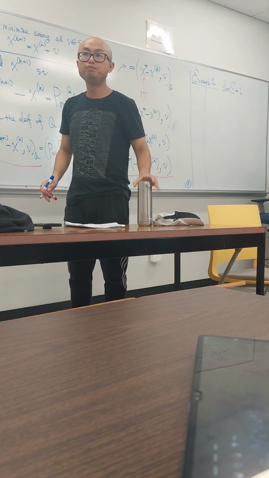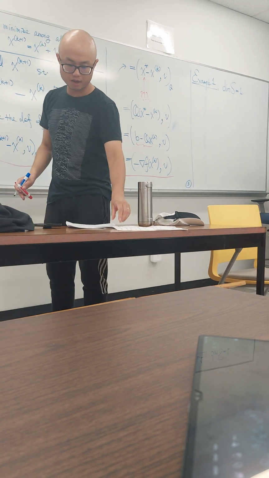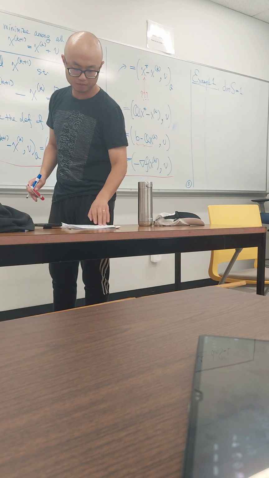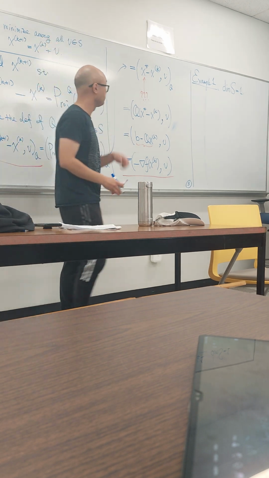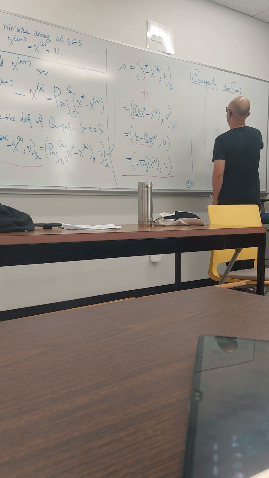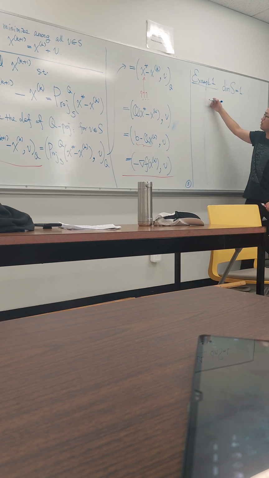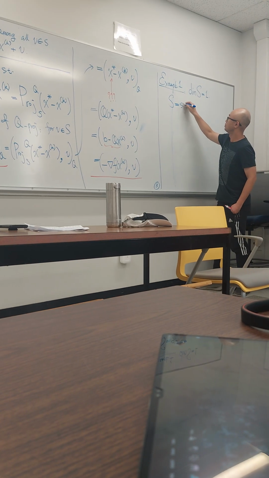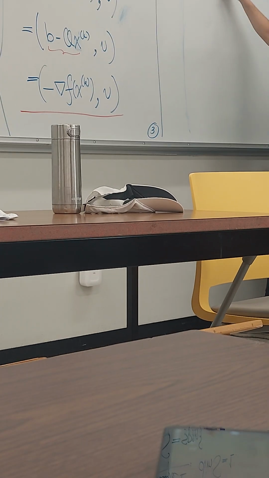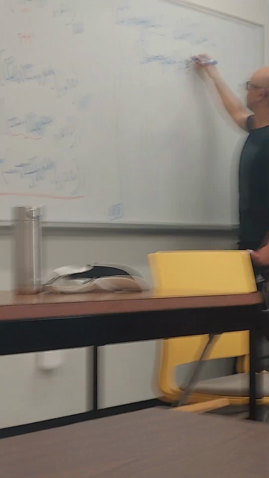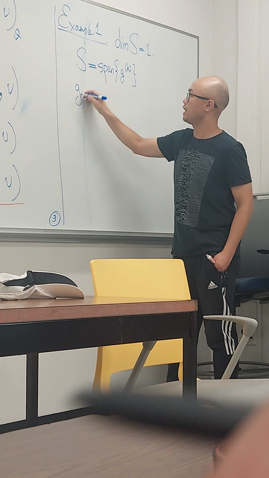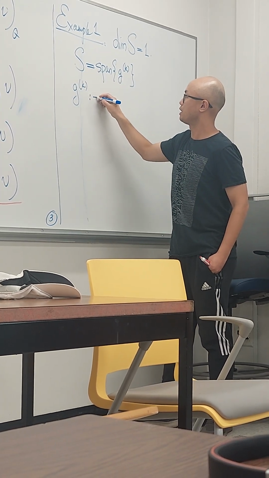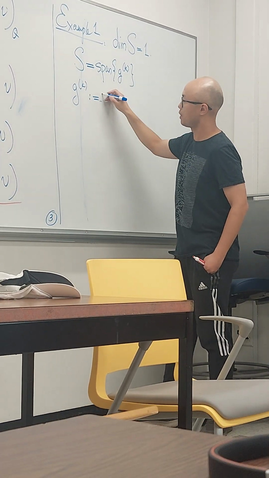When our search space has dimension 1, our search subspace is the span of gk, where gk is basically our notation for negative gradient or gradient.